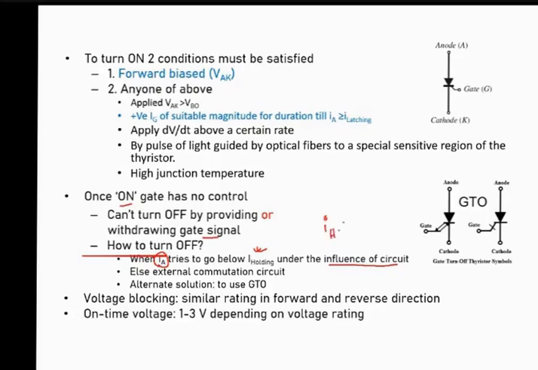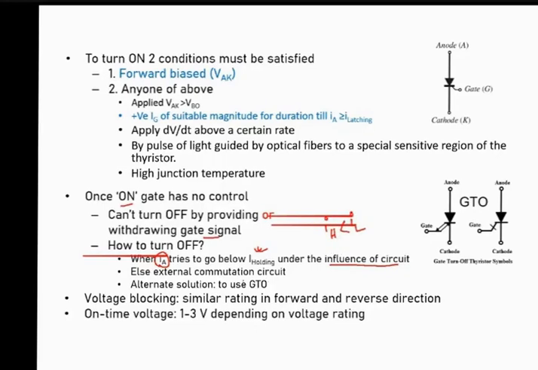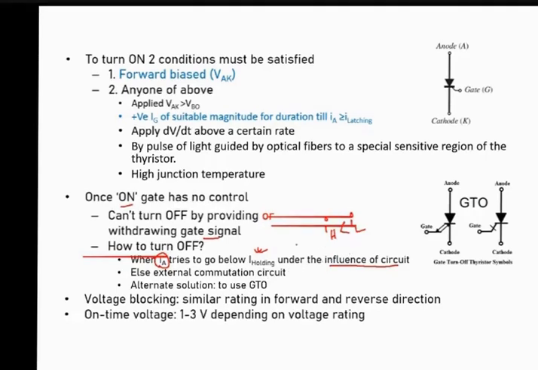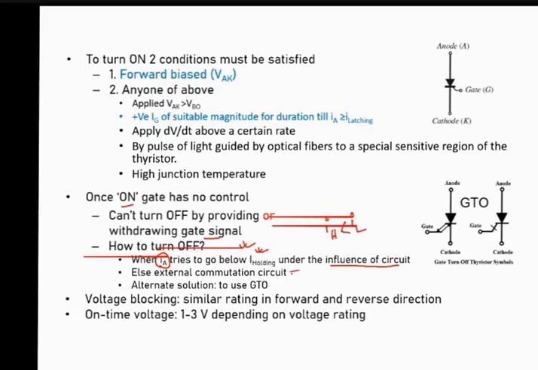So remember, I holding current is less than I latching current, that we have seen in the graph also, right? Sometimes due to the circuit behavior itself, this situation comes. Sometimes you turn on some other devices to make sure that the current is bypassed through those devices, making current through the thyristor 0.